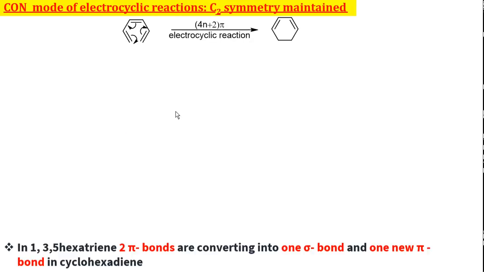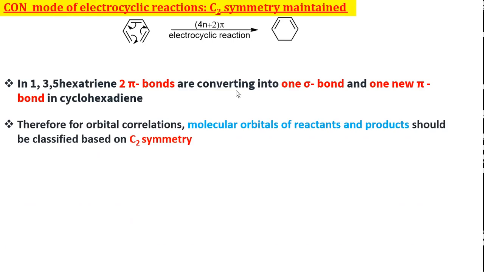First one, the conrotatory mode of rotation. We already discussed that. To explain it, the example is 1,3,5-hexatriene, which has 3 pi bonds, therefore it comes under 4n plus 2 pi electrocyclizations. Here 3 pi bonds are converting into 1 sigma bond and 2 new pi bonds.